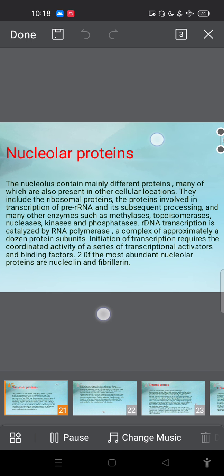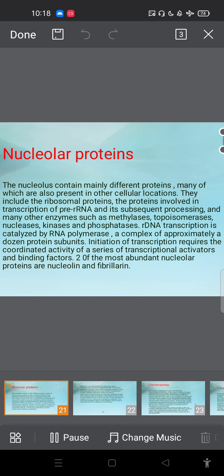Next one is nucleolar proteins. The nucleolus contains many different proteins, many of which are also present in other cellular locations.